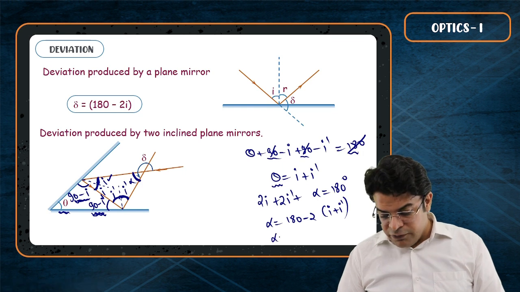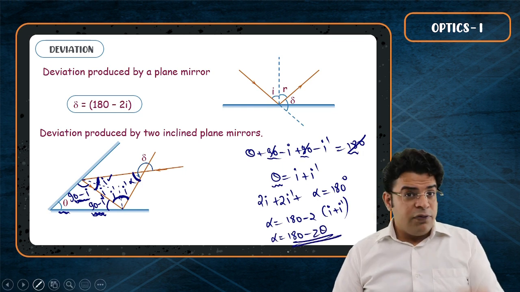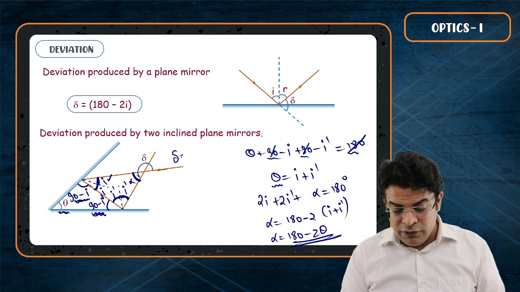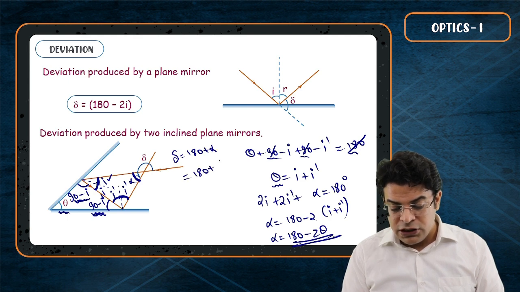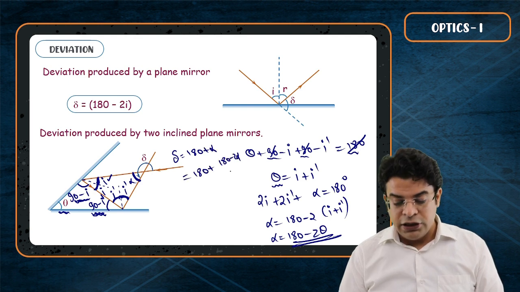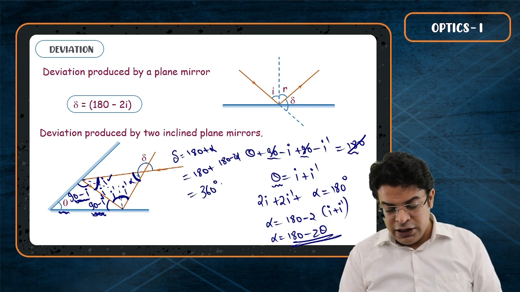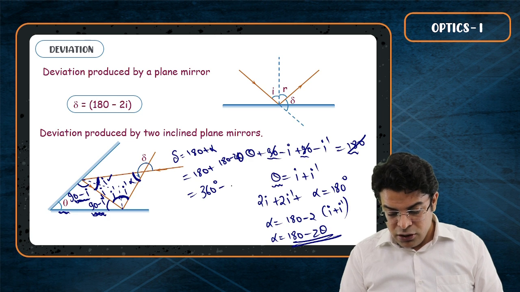So you get alpha equals 180 minus 2 theta. And if alpha equals 180 minus 2 theta, then delta, which is 180 plus alpha, will be given by 180 plus 180 minus 2 theta. So your total deviation comes out to be 360 degrees minus 2 theta.